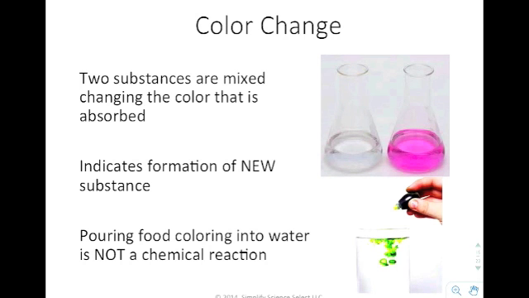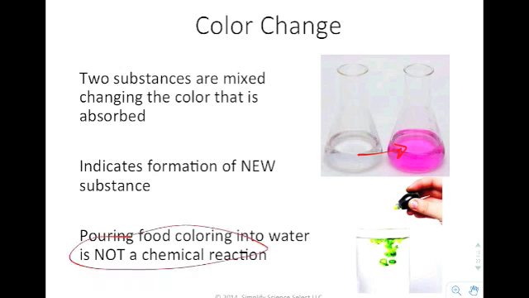If you have a color change, that can indicate the change in the substance because it's changing what is absorbed by the material. Okay, so it indicates the formation of a new substance. So if you take something, pour acid into it, and it turns pink, that's an indication that there's been a chemical change. However, if you take food coloring and put it in water, that is not a chemical reaction.